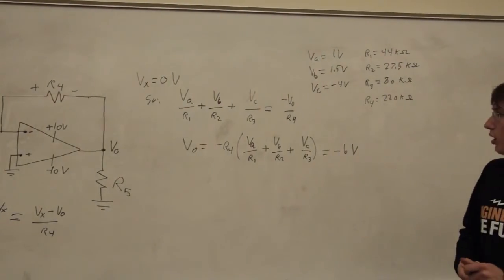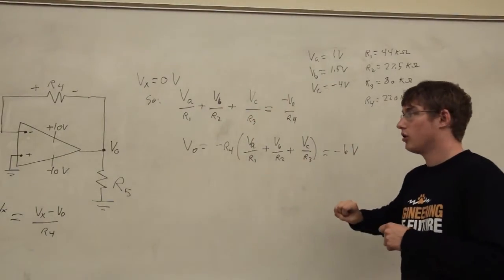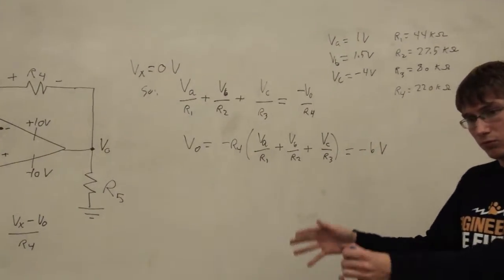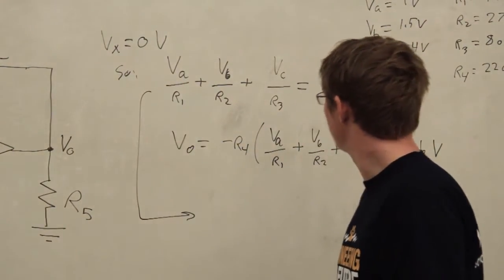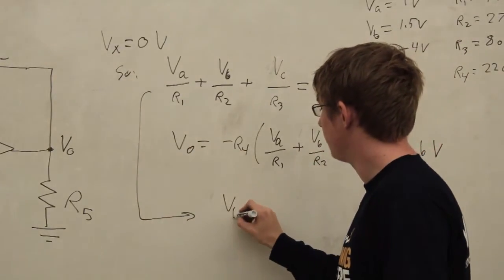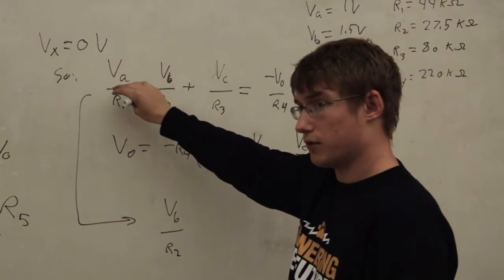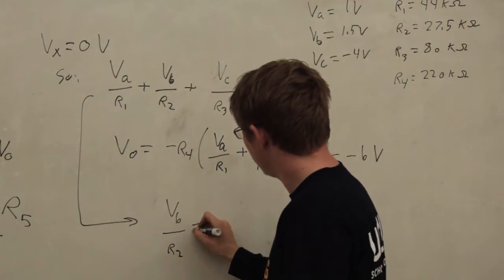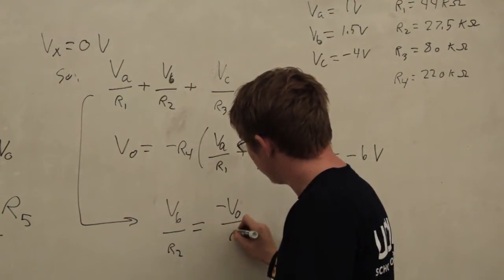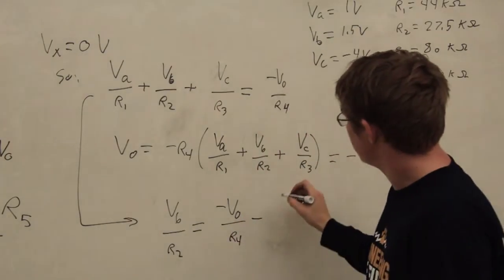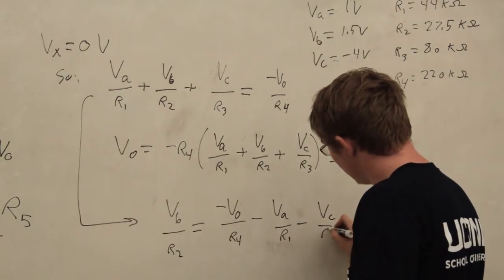We've done the node voltage analysis, and we derived this equation here. We can solve for VB now. If you subtract VC over R3 and VA over R1 from both sides, VB over R2 is negative V0 over R4 minus VA over R1 minus VC over R3.